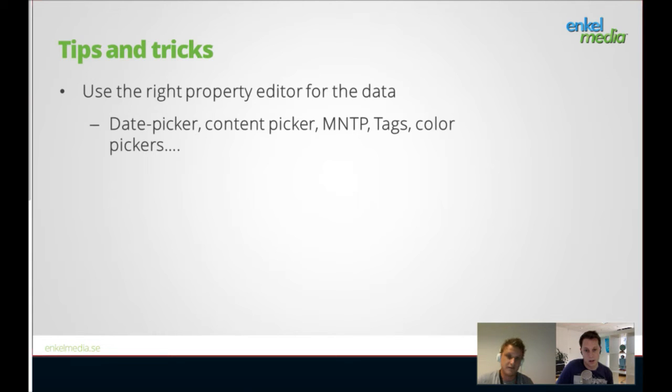And if there isn't something that fits, I think it's the learning curve for creating your own custom property editor to fit the editor's needs. It's quite a steep learning curve, but once you know how to do one, it's something that you definitely should consider, rather than munging and mashing something that kind of works for your editor.